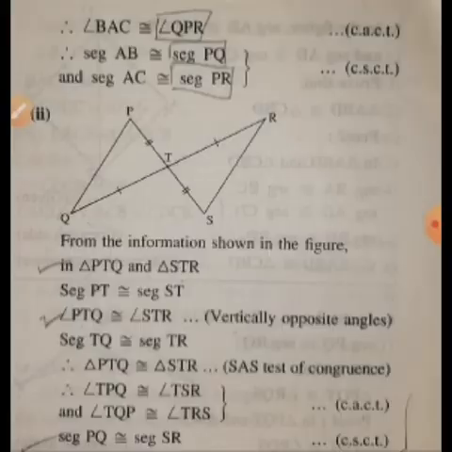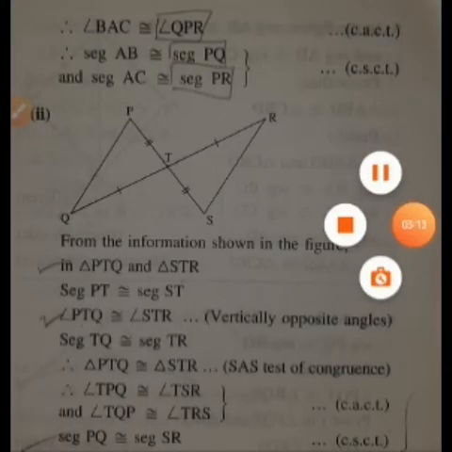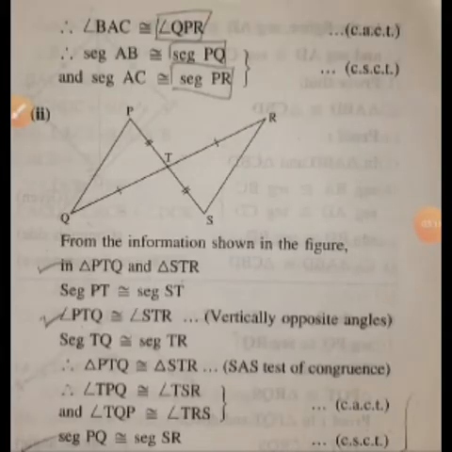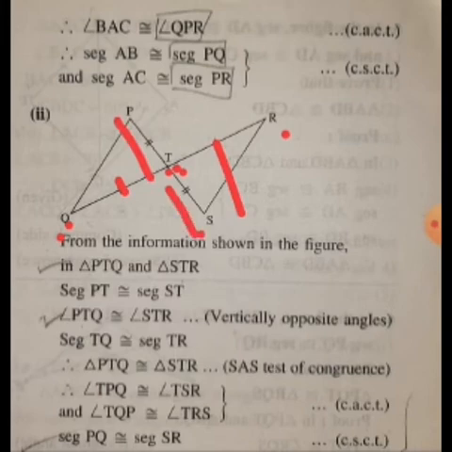Now the next question is, from the information in the figure, you can see the information here. QT is congruent to RT because of the same line, and PT is congruent to ST because of these two same lines.